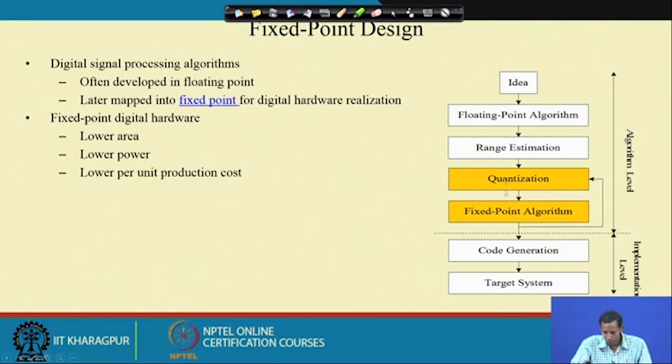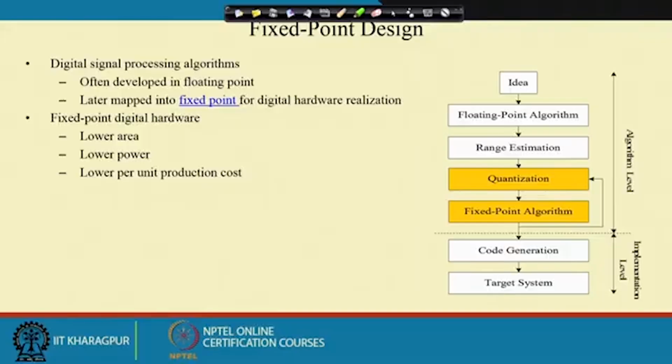If you just see this flow chart, suppose this is my idea about designing any system, and such systems are mostly related to digital signal processing. There may be several kinds of digital signal processing algorithms.